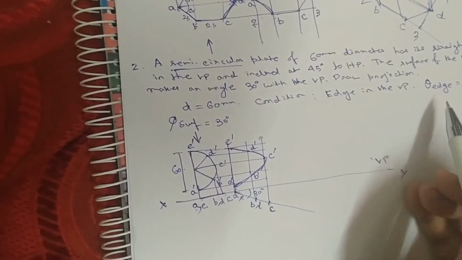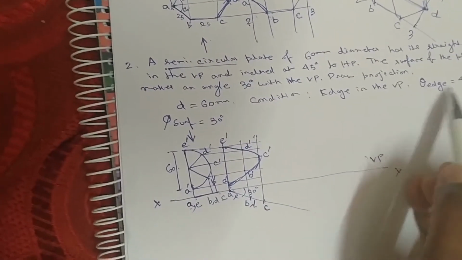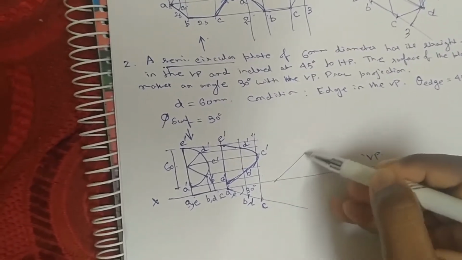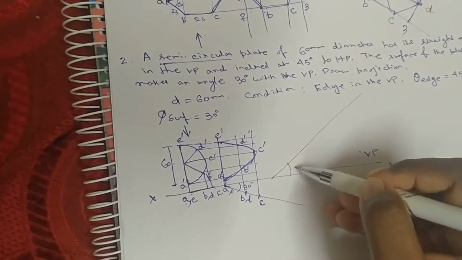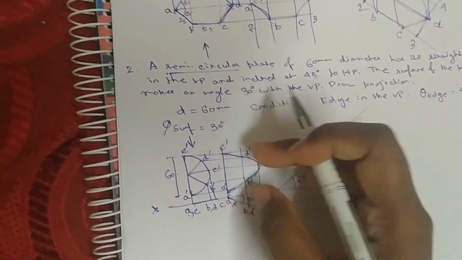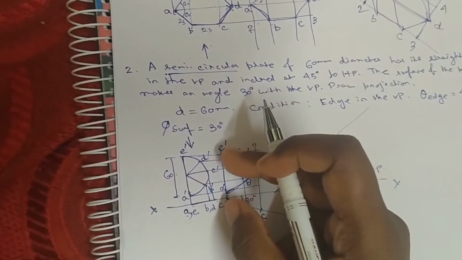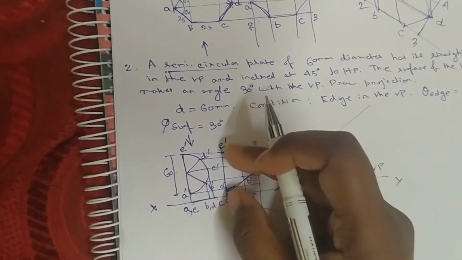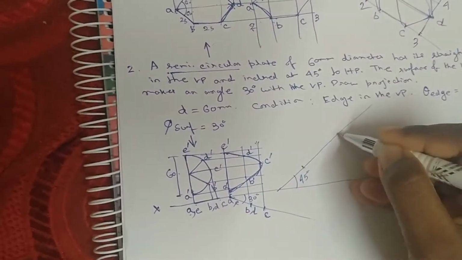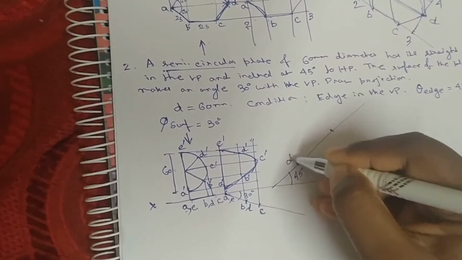After that, we have to incline the edge at an angle 45 degree. So you are going to make 45 degree angle over here, and just like previous one, we are going to cut this A dash E dash point here.